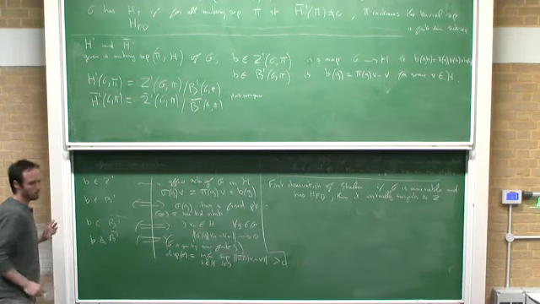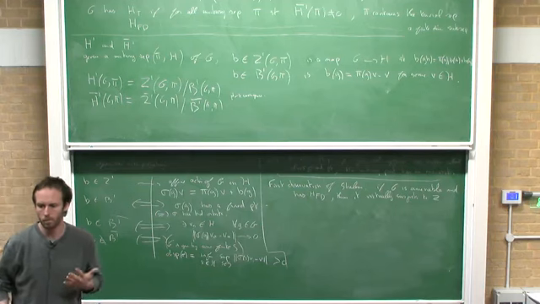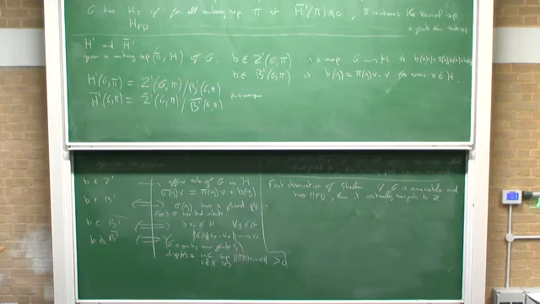Because if you were at Breuer's talk yesterday, he explained that the main step in proving Gromov's theorem about groups with polynomial growth is to produce a morphism to Z, or a virtual morphism to Z. Why? Because then you can argue by induction on the growth. You can take the kernel, you can show that the growth is strictly less than the group, and then you can argue by induction.